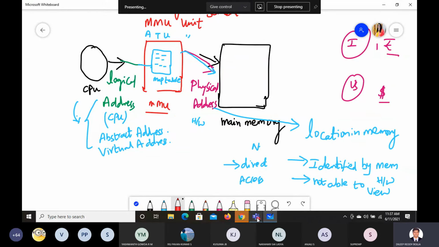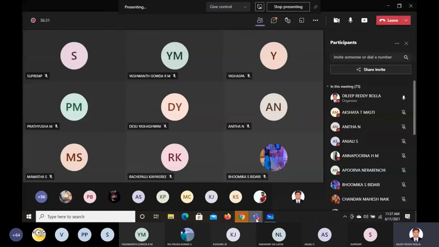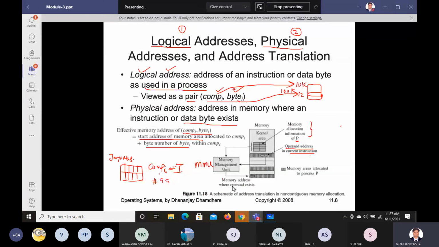Got an idea now? What this is going to do is convert the corresponding logical address into a physical address. So the memory areas allocated to process P, whichever is given by this, is given in this format, memory areas given to process P.